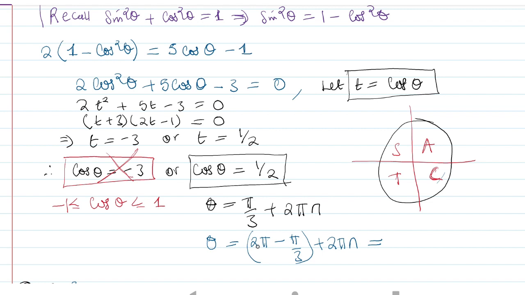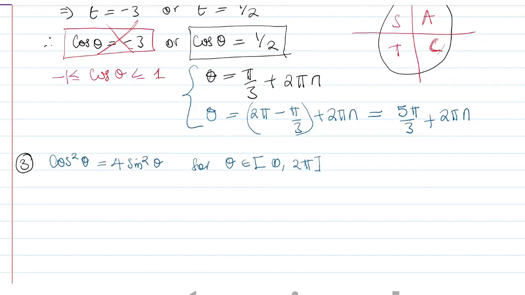So 2 pi minus pi over 3 is 5 pi over 3. Then we add 2 pi n. So this is the general solution.